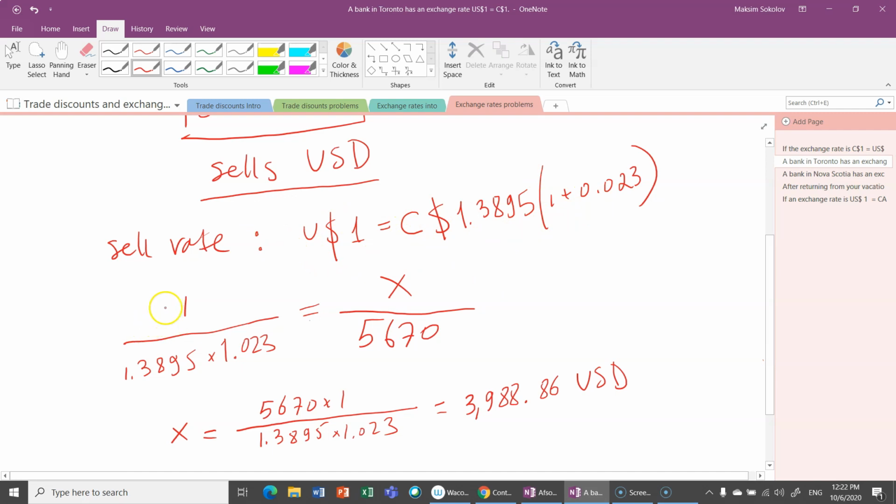So now you build that equation, which is 1 United States dollar to the sell rate is the unknown number of United States dollars to the amount you are giving, right? 5,670 Canadian dollars. So you solve this ratio, and you find that you have 3,988.86 USD that you are receiving.